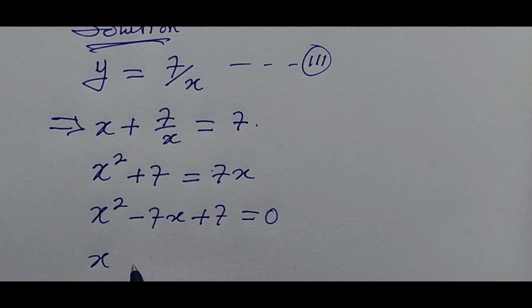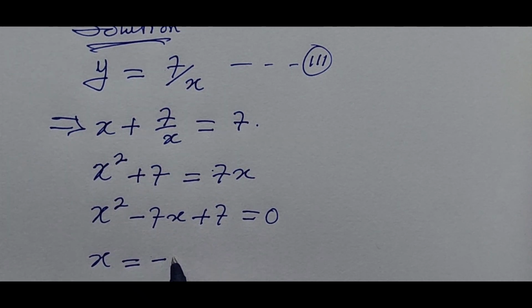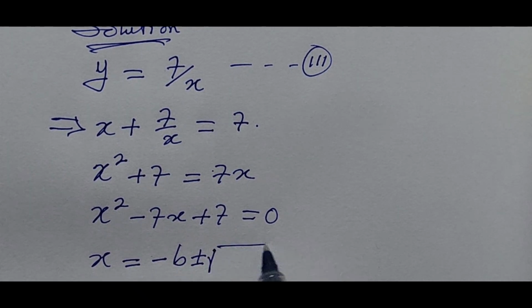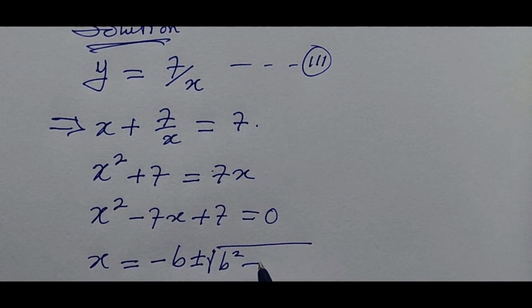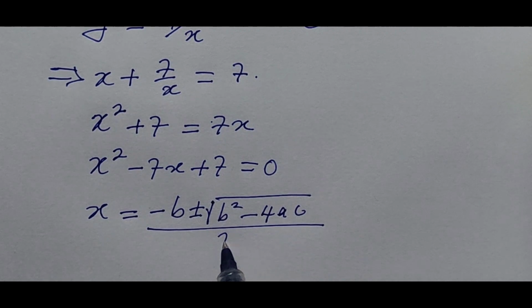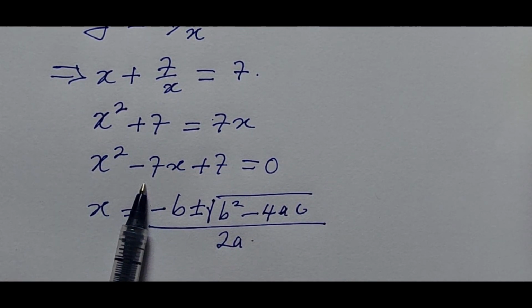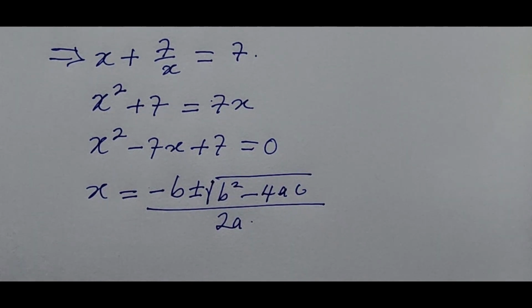And so this is going to give us x is equal to minus b plus minus the square root of b squared minus 4ac all over 2a. So a is positive 1, b is minus 7, and c is positive 7.